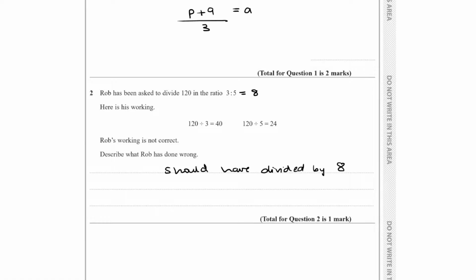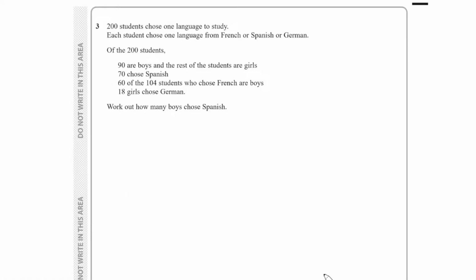You can say that. He did not add the 2 ratios first. Those are all the acceptable answers that they've given you. So you have to correct him, basically. So that's just a nice one marker.